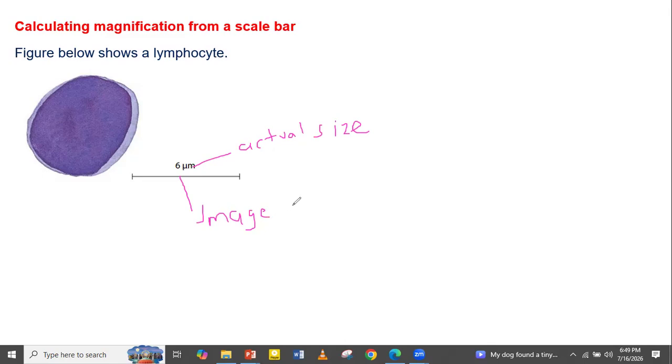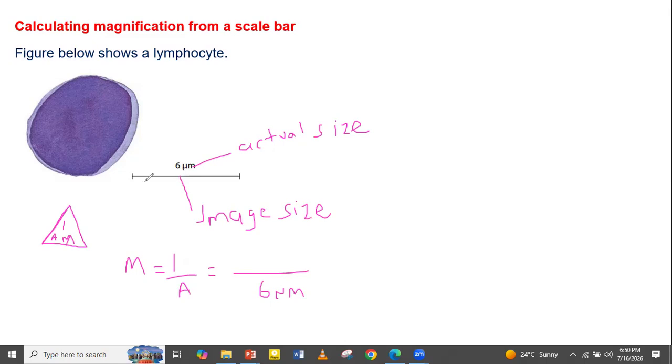Always image size. So can't I get the magnification? Remember, we use our acronym here, I am. Magnification is equivalent to image over actual. So I already have the actual size, which is 6 micrometers.